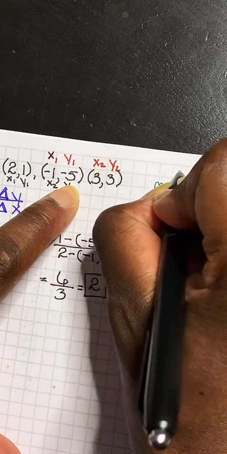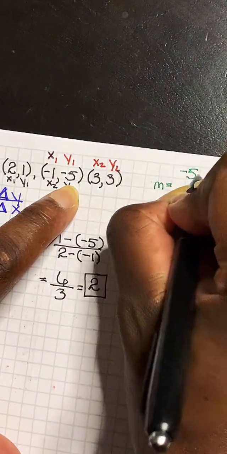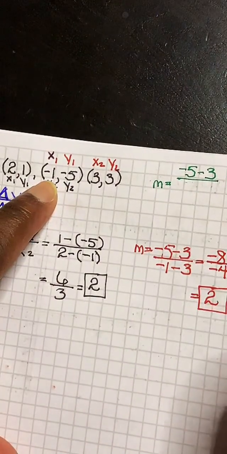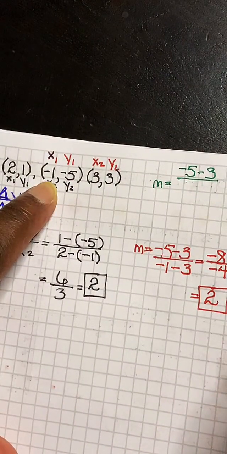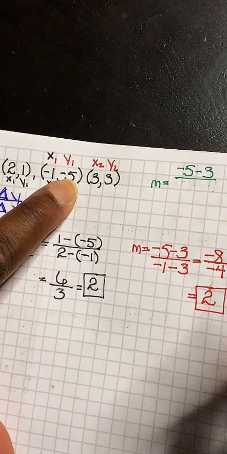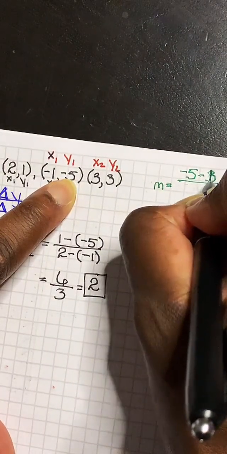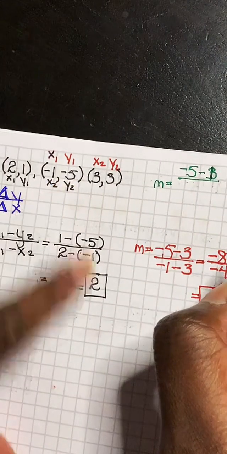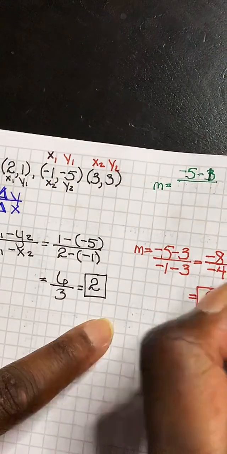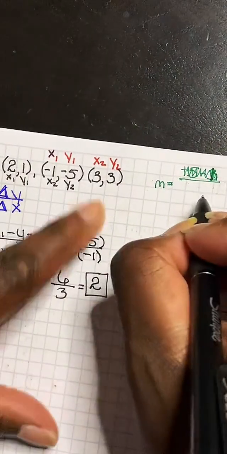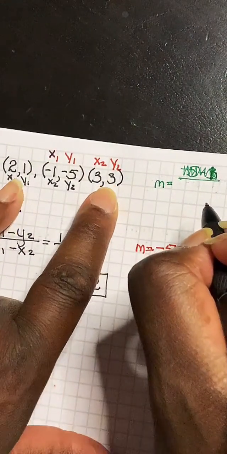So if I want to, I could have done -5 minus 3. Okay, I think I already did that one. Oh, I was supposed to do this one. -5 minus 1. Forgot to do with the first ones. So, no, what am I doing? I'm losing my mind. Let's try this again. We're going to do these 2.